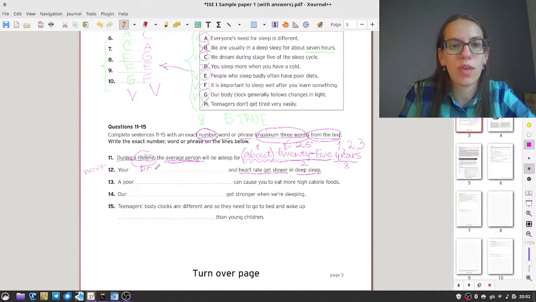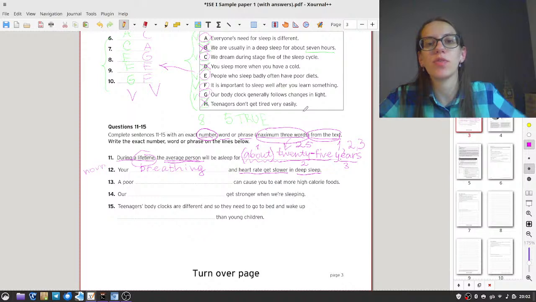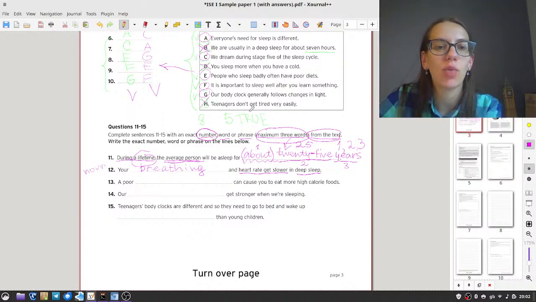So your breathing and heart rate gets slower in deep sleep. So we used 1 word. That's good. Yeah, we can't use more than 3, but 1 word is fine. Yeah. Maximum 3 words, but there is no minimum. So 1 word is fine.